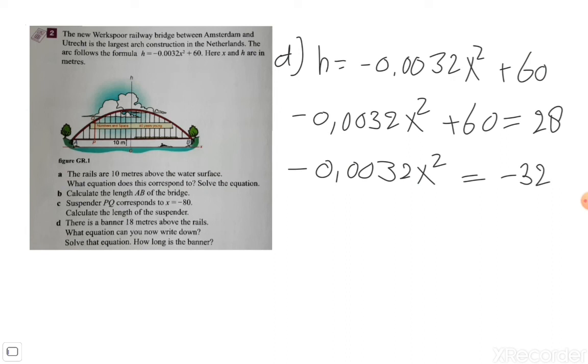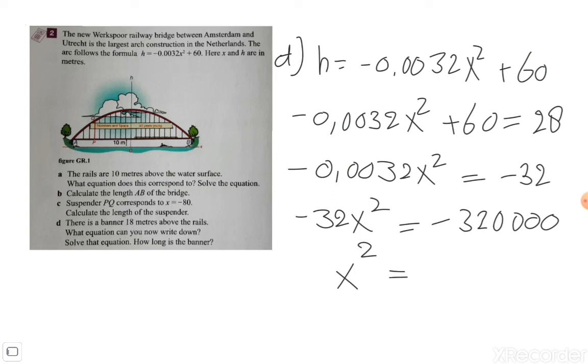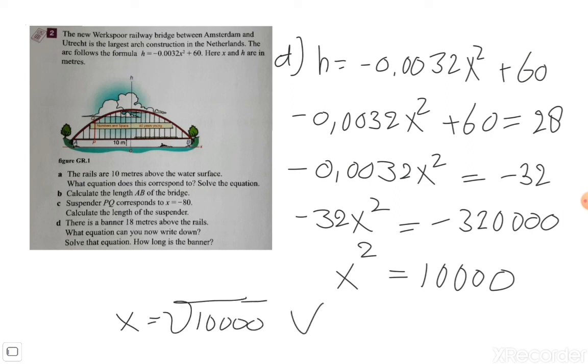Do exactly the same as with exercise A, multiplying by 10,000. Then you get minus 32x squared is equal to minus 320,000. Divide both sides by minus 32. Then you get 10,000. So x is the square root of 10,000, or x is minus the square root of 10,000.